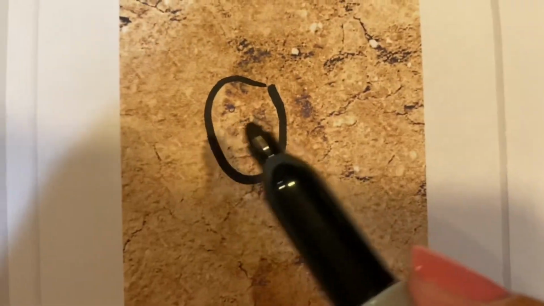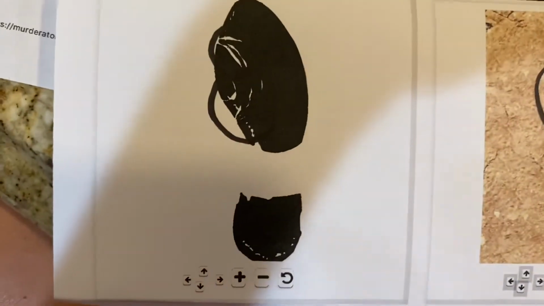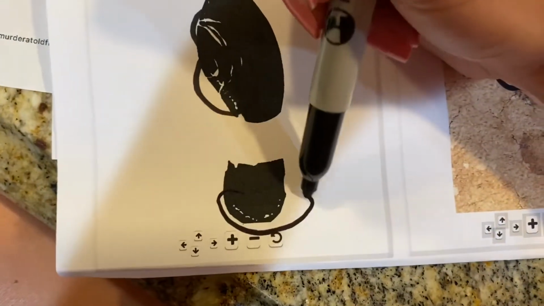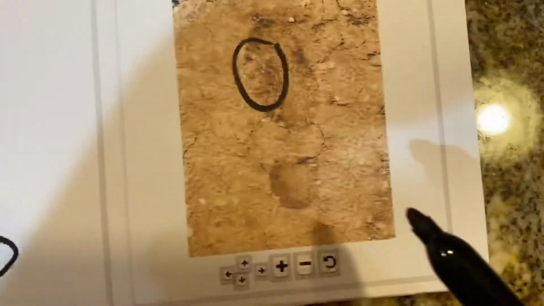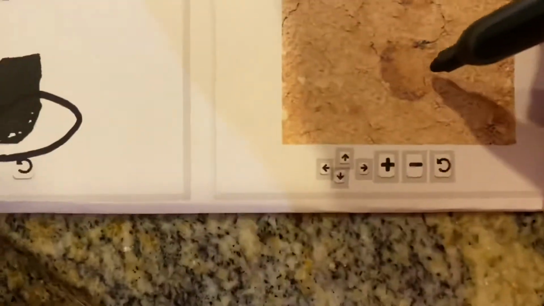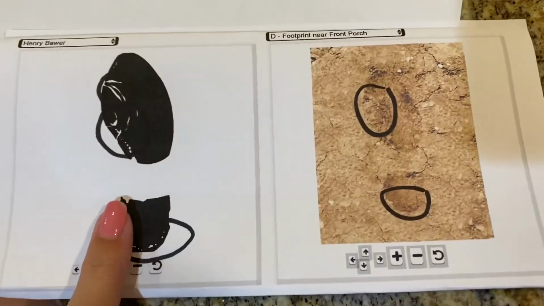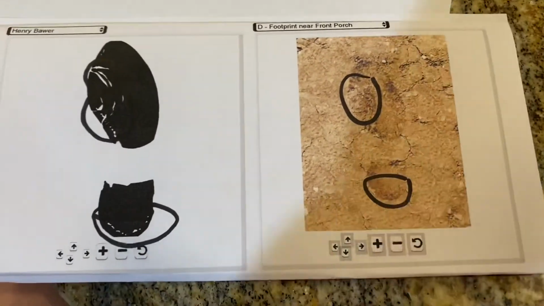If we look closely, we can see right there, that resembles this part over here. We can also see that down here, very lightly, we can see the same pattern where it divots over here and it divots right over here. Because of this, we can confirm that Henry Bauer's footprint is comparable to the footprint near the front porch.